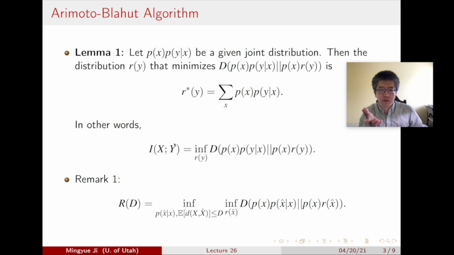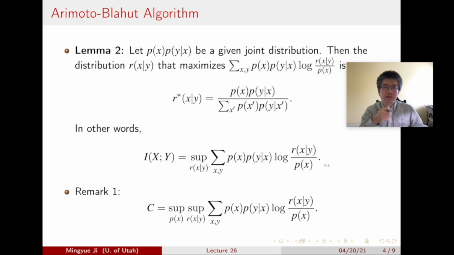Therefore, we further minimize this mutual information over p(x hat | x), then we can get the rate distortion function, right? So the beauty here is that before we just had one variable, but now we have two variables. Therefore, it is possible to do this iterative algorithm, which means that by fixing one, we minimize the other one, and fix the other one, minimize this one, right? This is the basic idea of the Arimoto-Blahut algorithm.